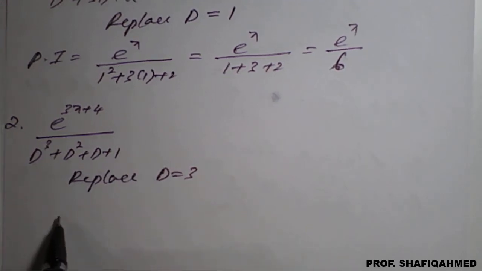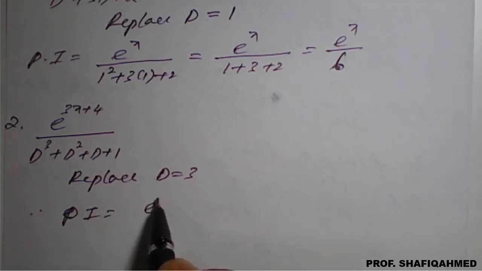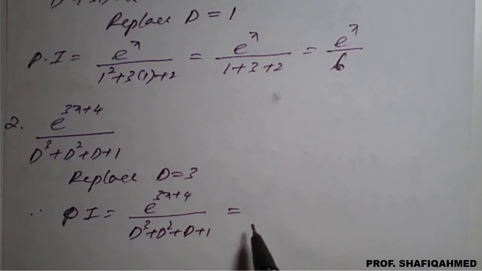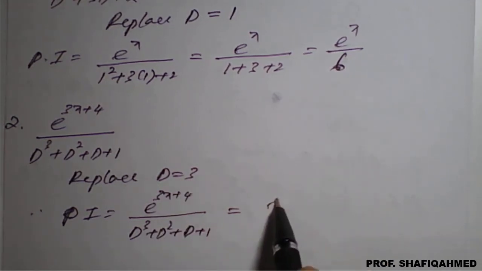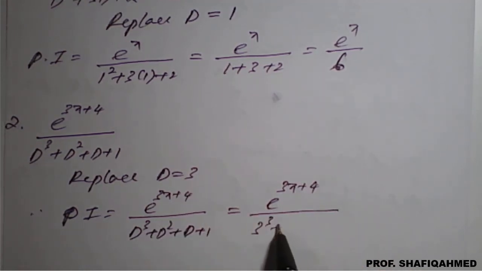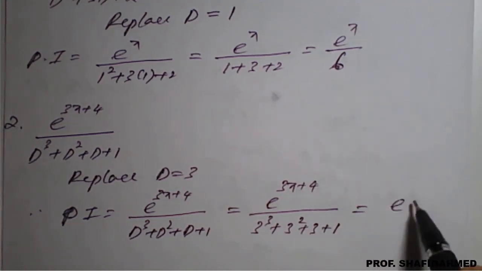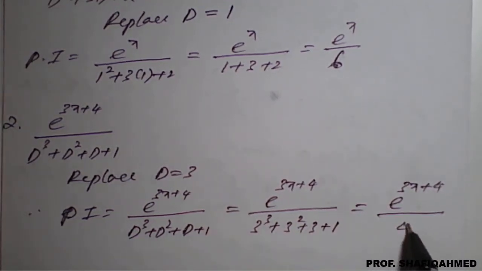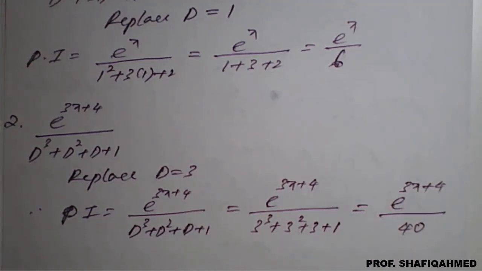So pi is e raised to 3x plus 4 divided by 3 cube plus 3 square plus 3 plus 1. On simplification, we get 40. Like that we have to go for the simplification of the particular integral.